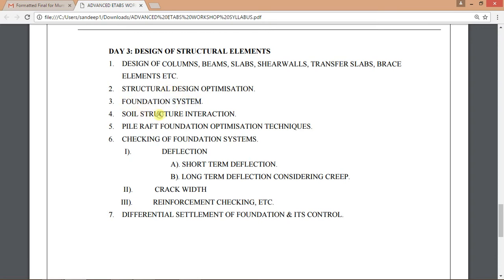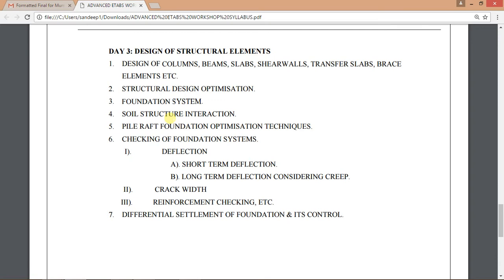Then the third point is the foundation system and the soil structure interaction. The third and fourth points are basically based on the foundation system of a building, on which the entire load is going to get transferred to the soil. So how the structure behaves based on the different strata, whether the shear criteria will govern, or the bending criteria will govern, or both would govern simultaneously at different locations.